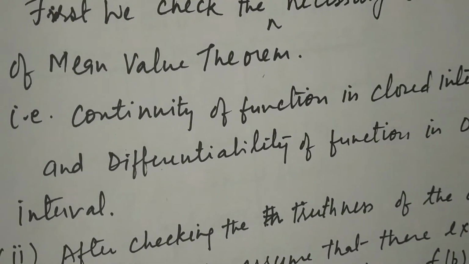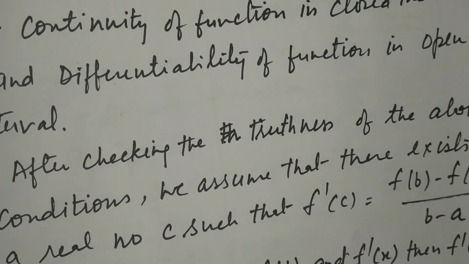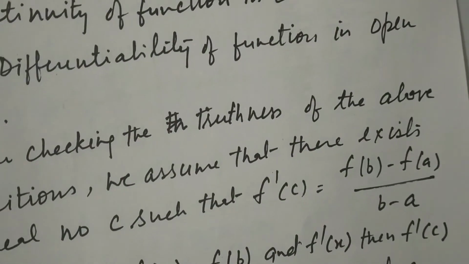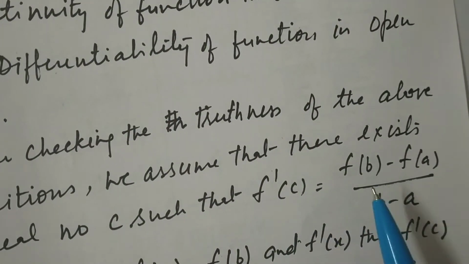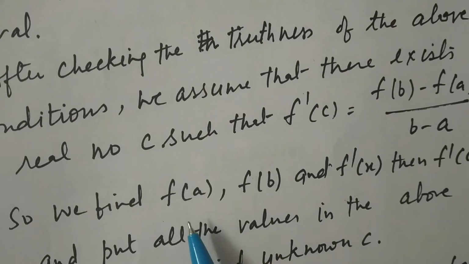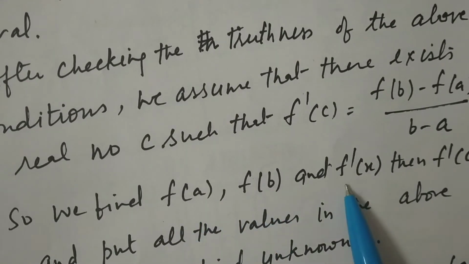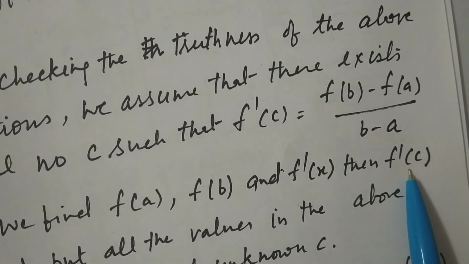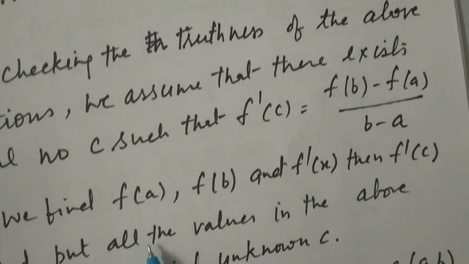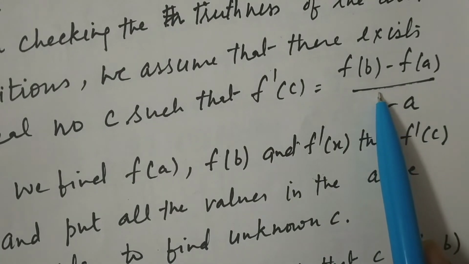If both the conditions are true, then we suppose that there exists a point c in the interval (a, b) such that f'(c) is equal to (f(b) minus f(a)) upon (b minus a). Now we find all the values f(b), f(a), f'(x) and then f'(c), and put all the values in the above expression.